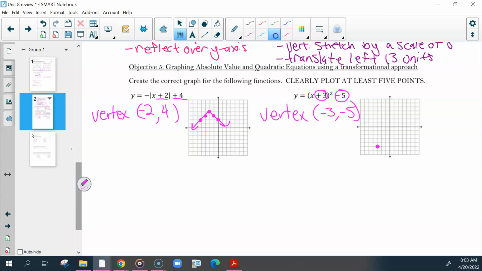This is a quadratic function, so you have to either know what your quadratic looks like, or put it in your calculator and find those points. So you go right and left 1 and up 1, and right and left 2 from the vertex, and up 4.